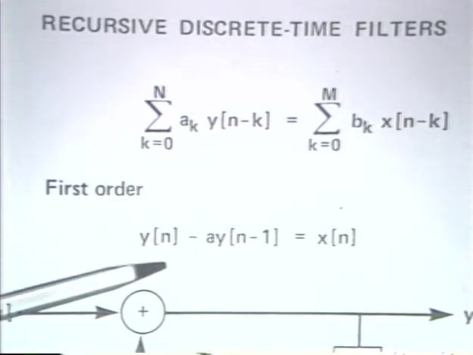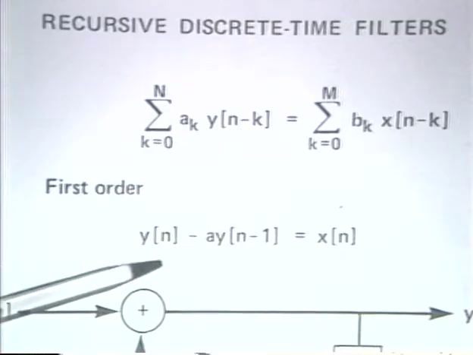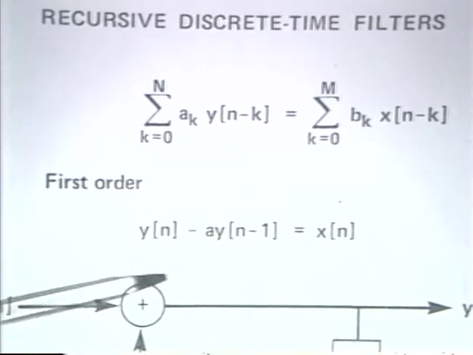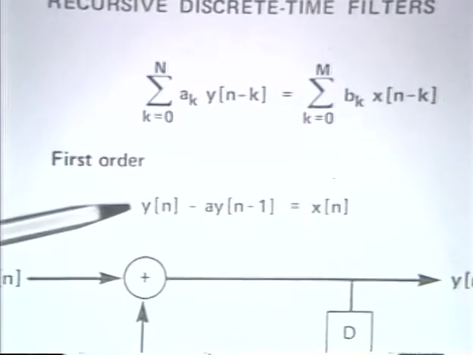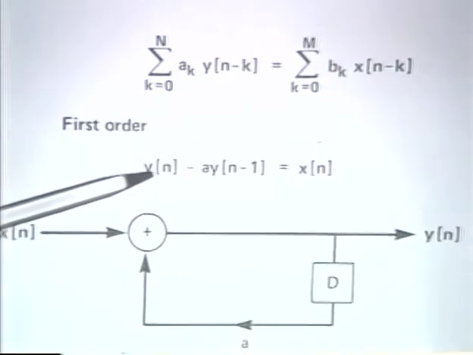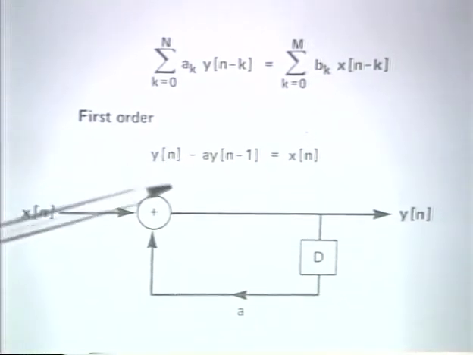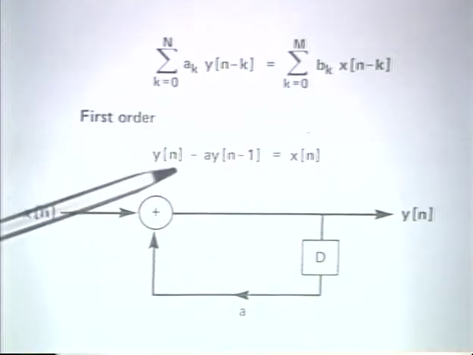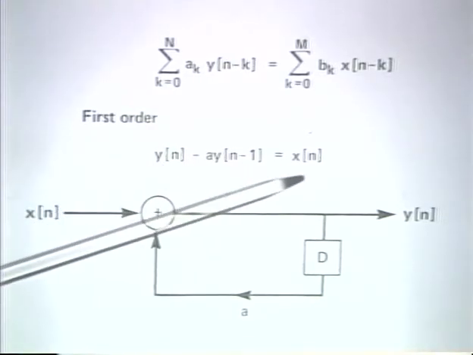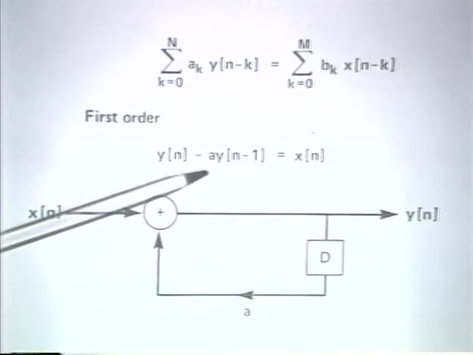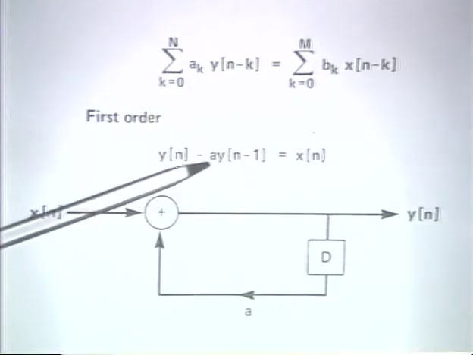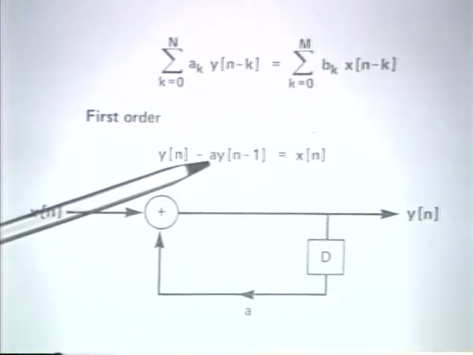So the first-order difference equation would be as I indicated here, and imposing causality on this, so that we assume that we are running this as a recursion forward in time, we can solve this for y of n in terms of x of n and y of n minus 1 weighted by the factor a.